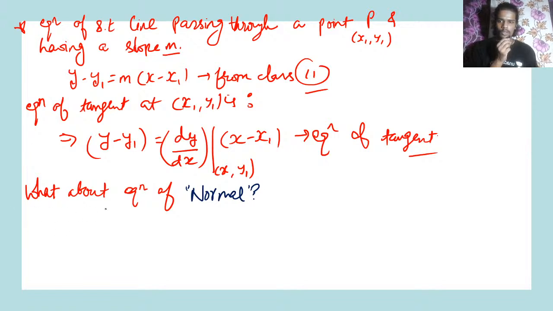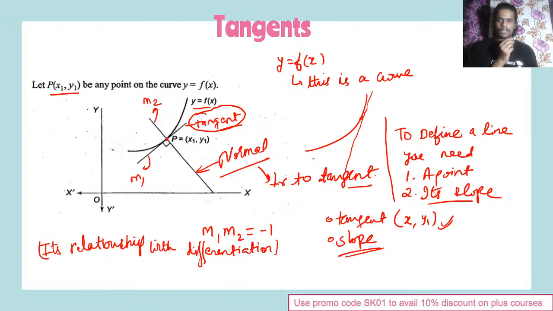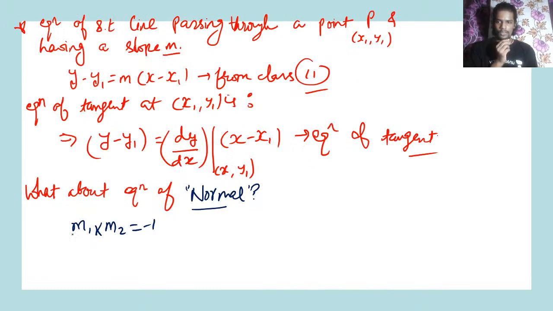Okay. So what about the equation of normal? See, we said that m1 multiplied by m2 is equal to minus 1. If you go back here, we said that this is tangent and this is normal. The tangent has a slope m1, normal has a slope m2, they are perpendicular, so m1 multiplied by m2 equals minus 1, where m1 is the slope of tangent and m2 is the slope of normal.